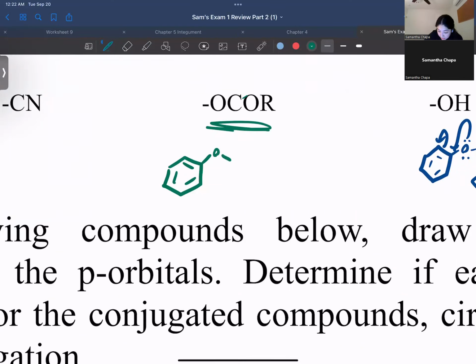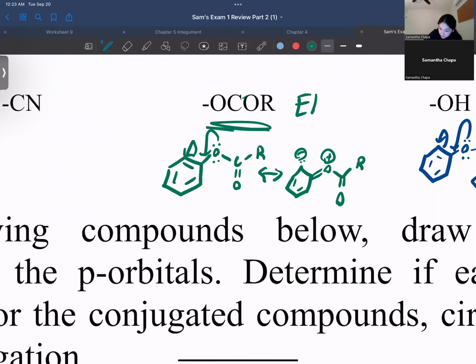Oxygen is next to the benzene ring, then it's a carbon double bonded to an oxygen, and then R. We still have a lone pair right next to the benzene ring, so resonate inside. Form your carbanion, so we're donating electron density. There you go, electron donating group.